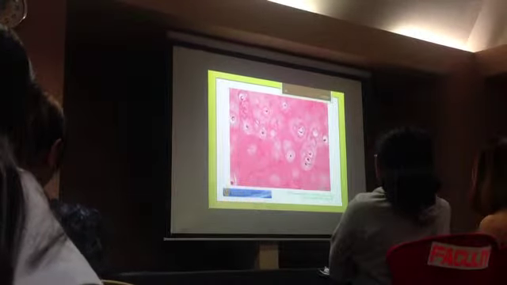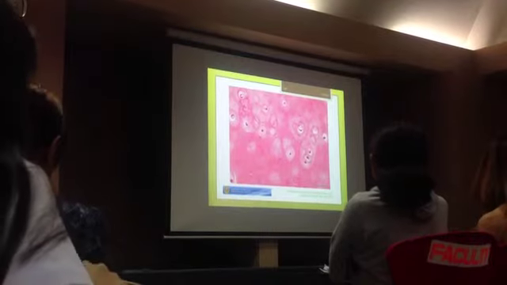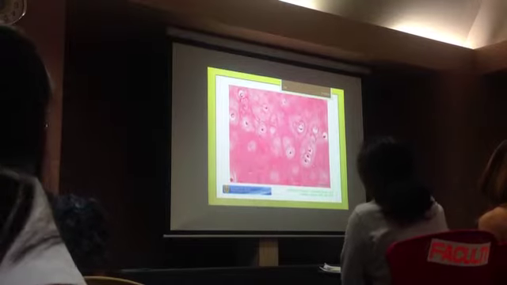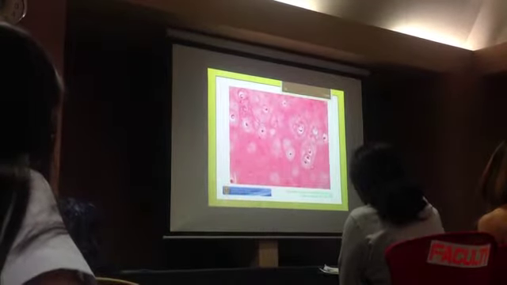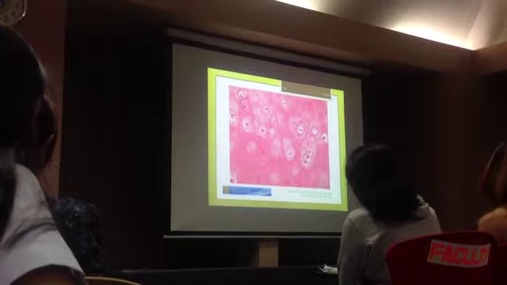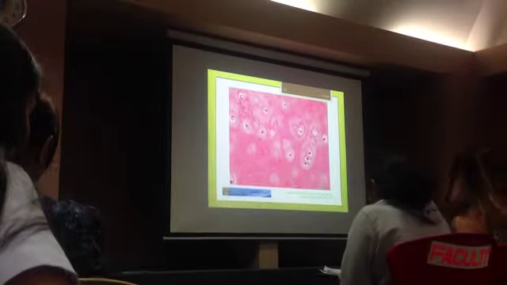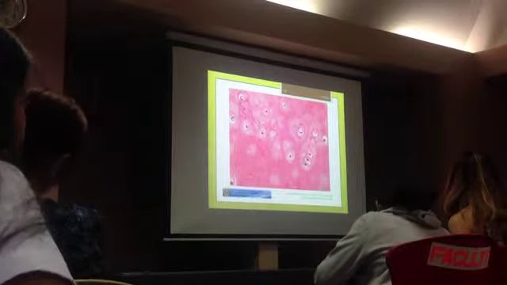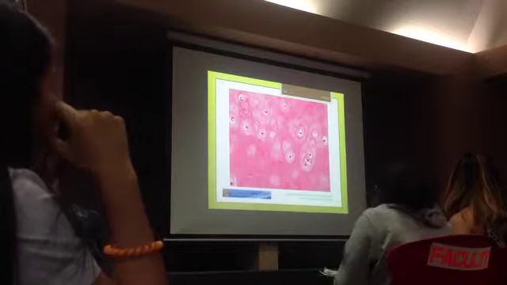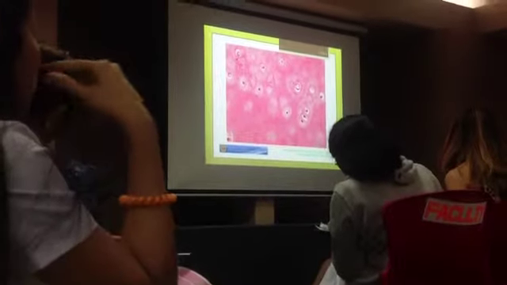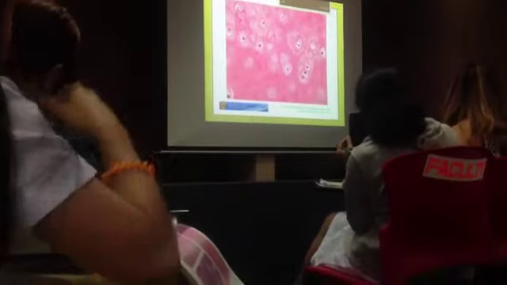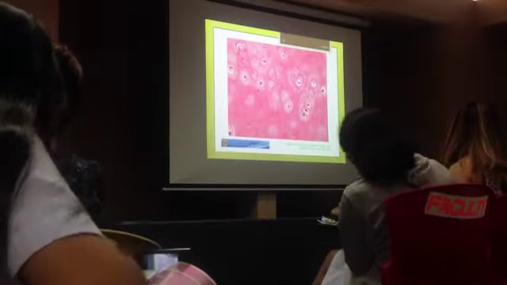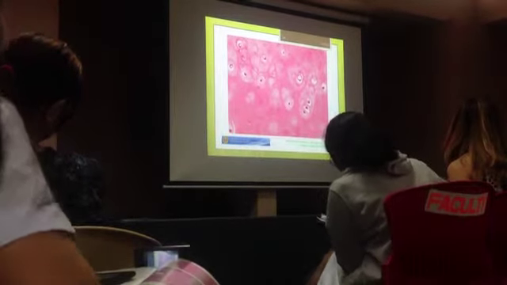Identify pointed cell: chondrocyte. Identify bracketed structure. Identify this group of cells here. What do you call this group of cells?